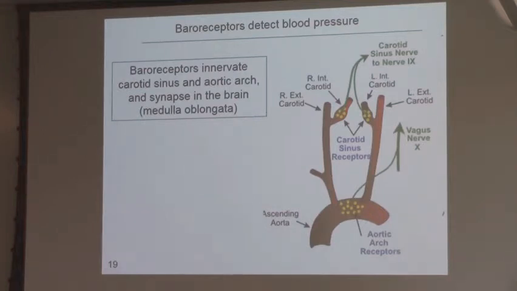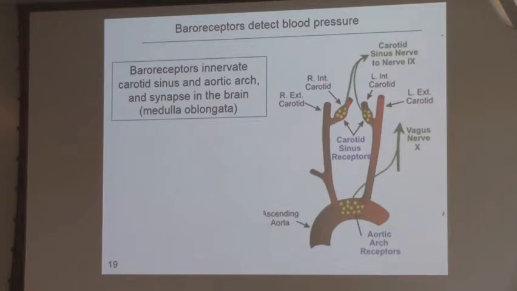A barometer is measuring air pressure. So baro is the prefix for pressure. So baroreceptors are the receptors that detect, in this case, blood pressure. And they're located in the aorta and at the bifurcation of the external and internal carotid arteries.